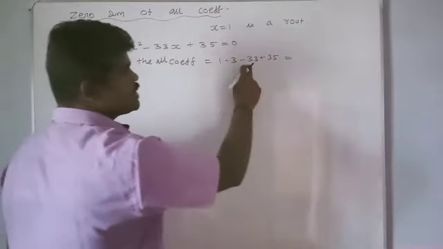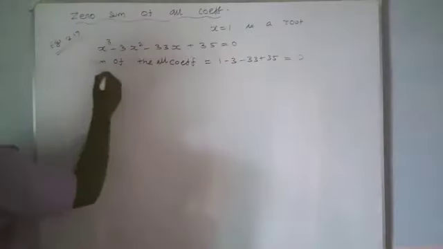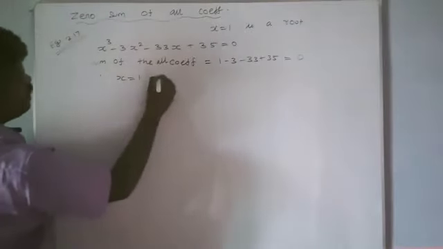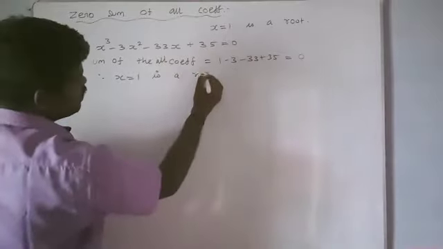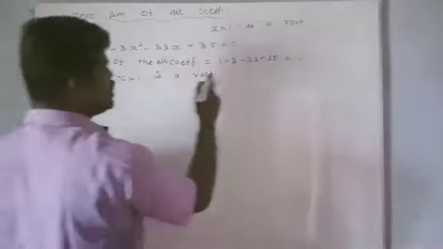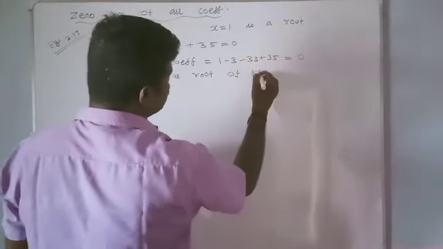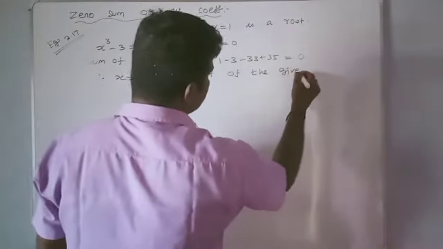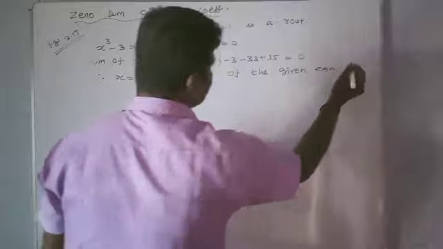So the total value is plus 36 and minus 36, which is equal to 0. Therefore x equal to 1 is a root of the given equation. Directly we can take x equal to 1 is a root of the given equation.